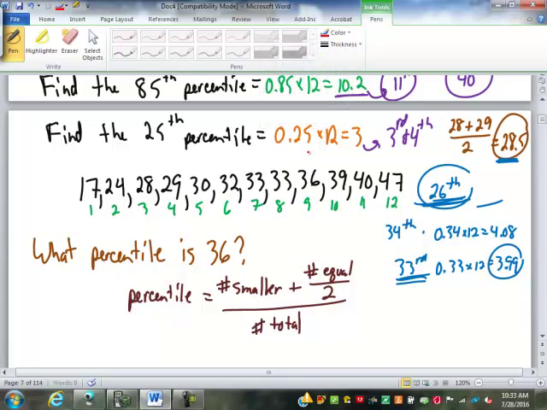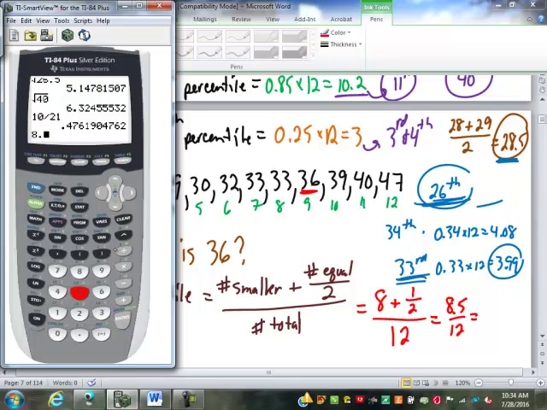How many numbers in this list are smaller than 36? 8. Plus, how many are equal to 36? Only the 1. So that's 1 divided by 2, remember, because it's number equal divided by 2. How many total are there? 12. So this is 8.5 divided by 12, which is 0.708.